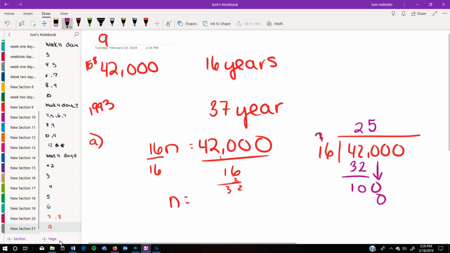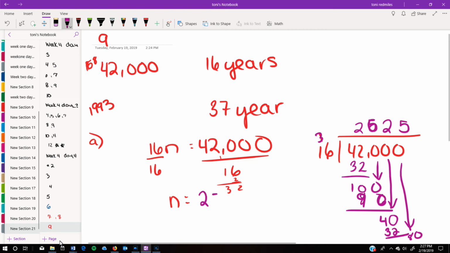Let's try that. 80. So every year, in order to get it done in that amount of time, I would have had to do 2,625 miles per year. All right, so B.